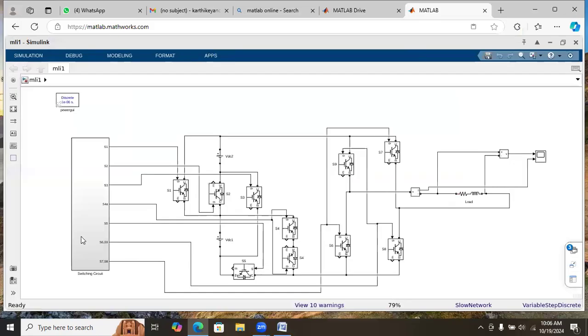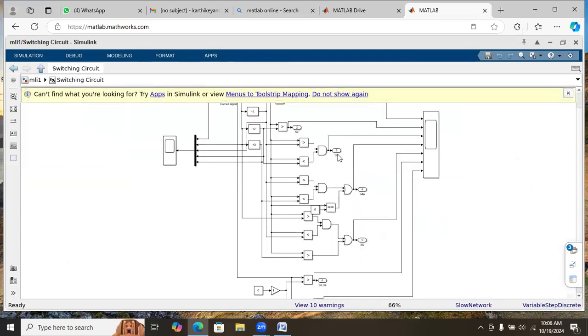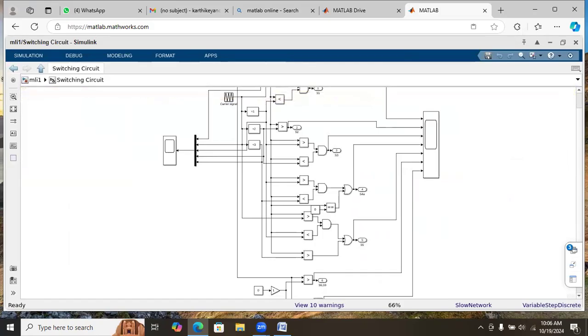This is the simulation circuit. Here if you see, 3 plus 2 plus 1, totally 6 switches for level generation and 4 switches for polarity, that is for inverter operation. And the pulses are provided according to the switching table.